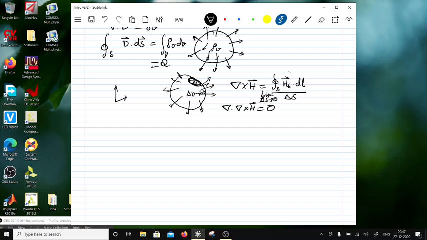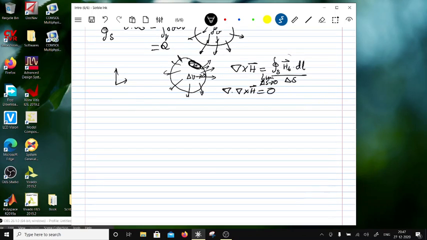Curl of H would be tangential, and divergence is for the perpendicular components, so their dot product would be 0. Yes, cos 90 is 0, correct. So the dot product will be 0.